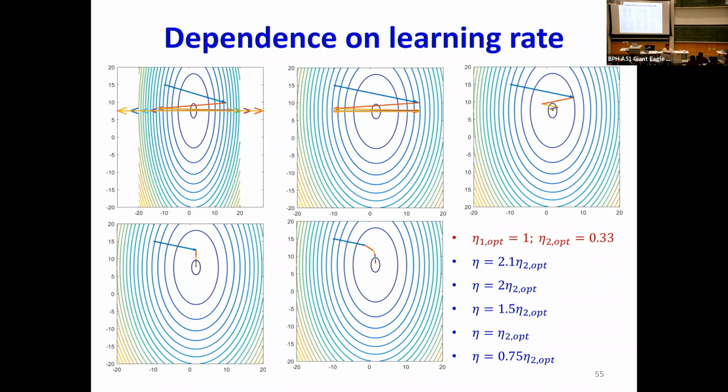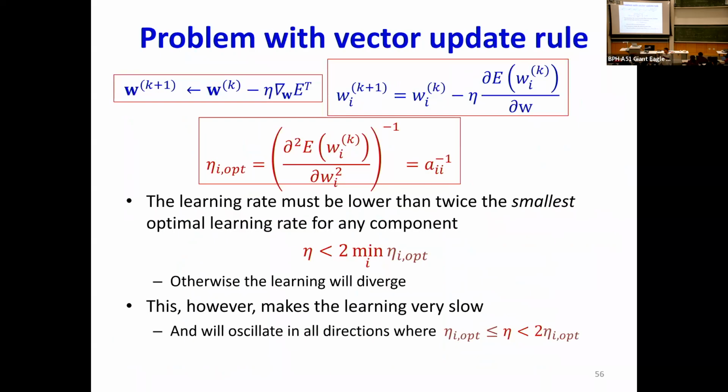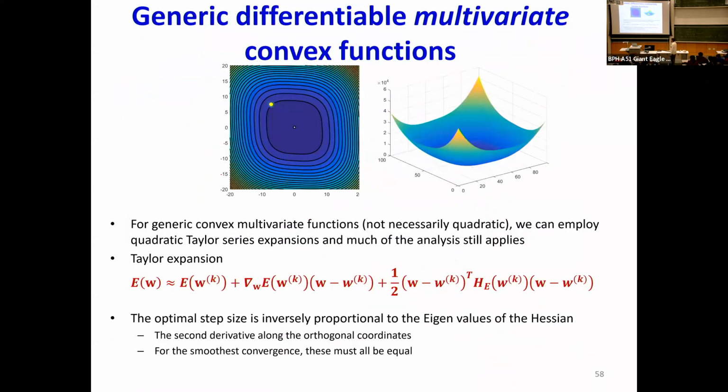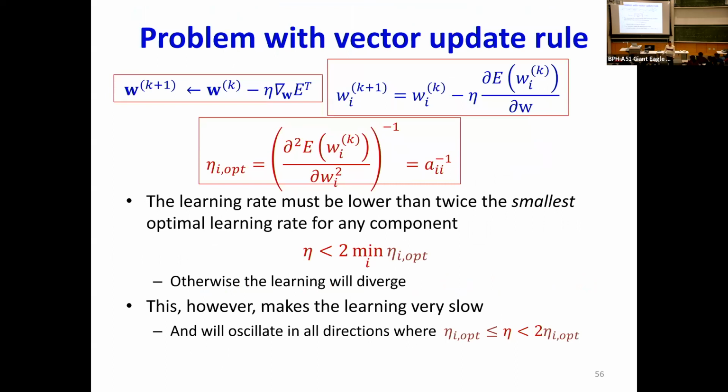It's going to take a long time to converge. On the other hand, if you try to make it optimal for the one with the largest step size, it may just end up diverging. And so the real challenge is: how do we actually make this behave when the different dimensions can all have very different behaviors?